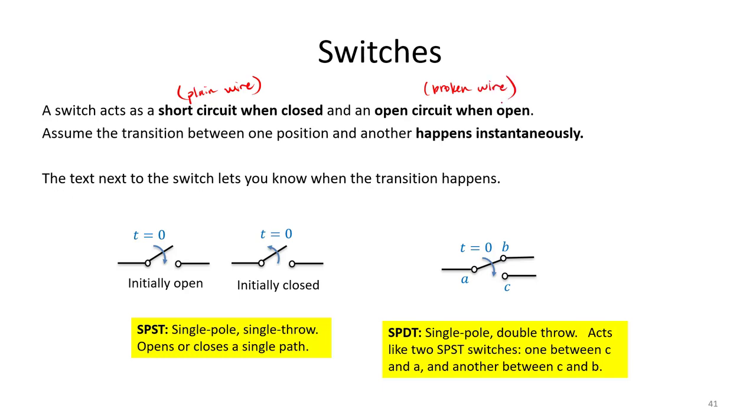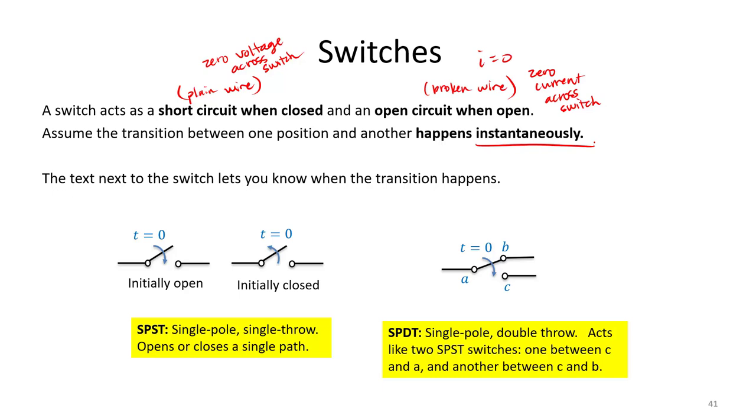Remember, of course, that for a broken wire, we have zero current. And when closed, we have zero voltage across the switch. We also assume that the transition between the two positions happens instantaneously.